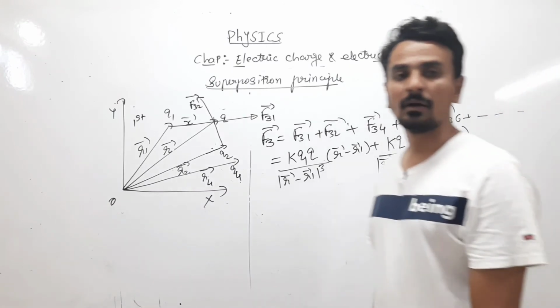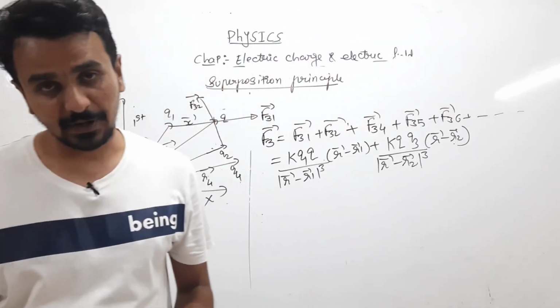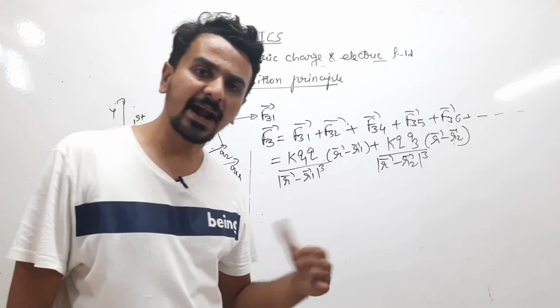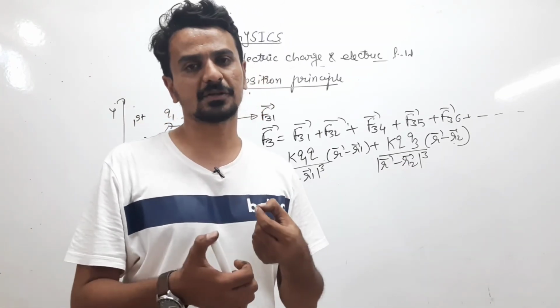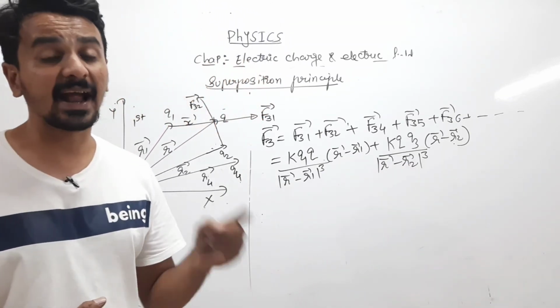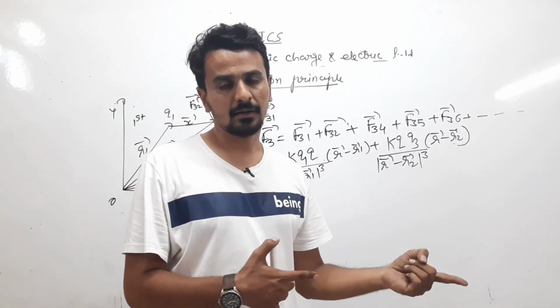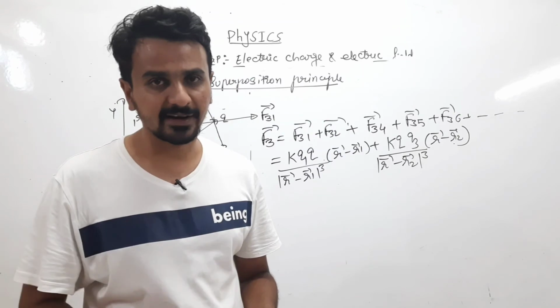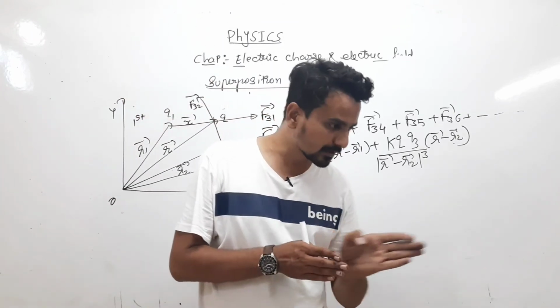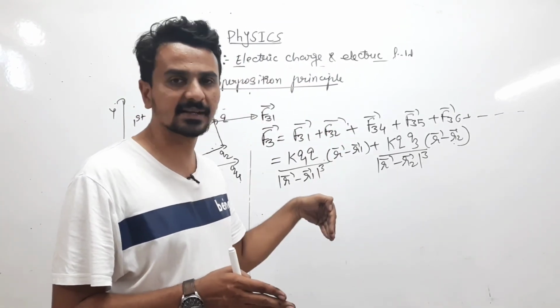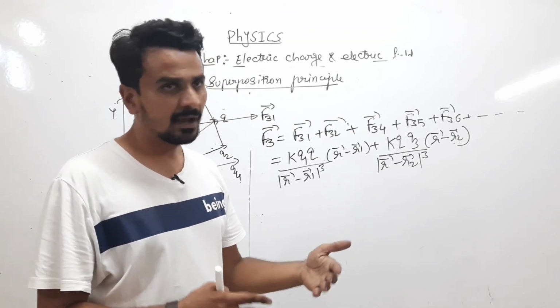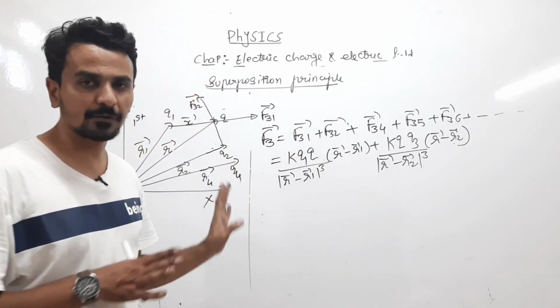This is how the superposition principle is applied. You just have to add the total force acting on a particular charge, but add them as vectors. You cannot add the forces directly, because force is not a scalar quantity, it's a vector quantity. If one force is acting in this direction and another in this direction, you cannot add directly. So this is how the superposition principle works.